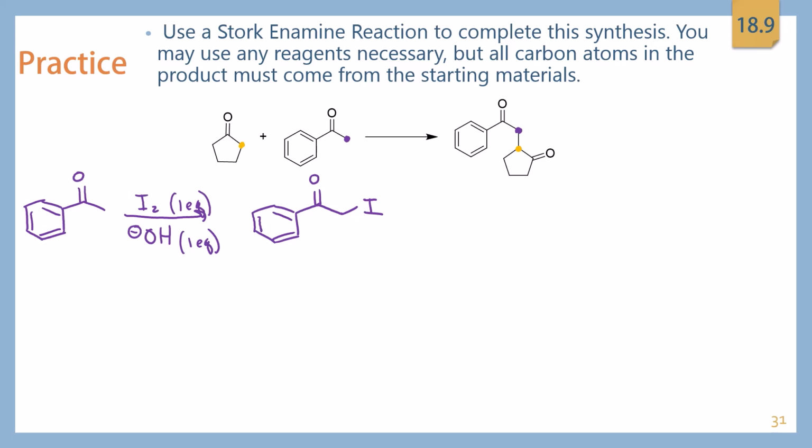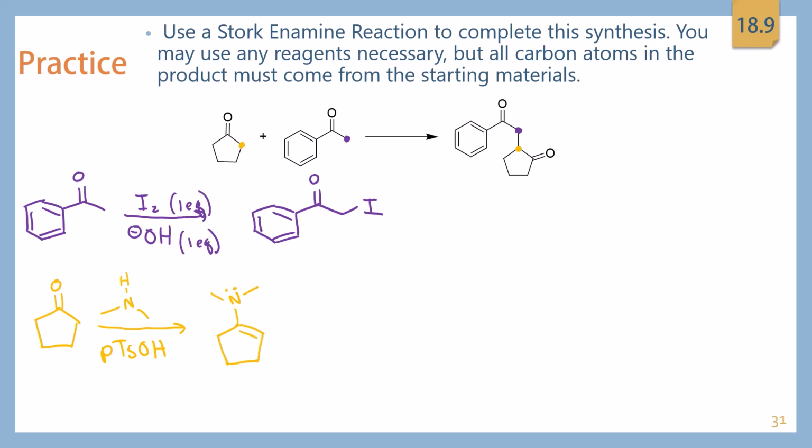So I'm going to take cyclopentanone and I'm going to make an enamine. It doesn't really have to be any specific secondary amine to do this. So you could use a cyclic one if you wanted, but you do not have to.